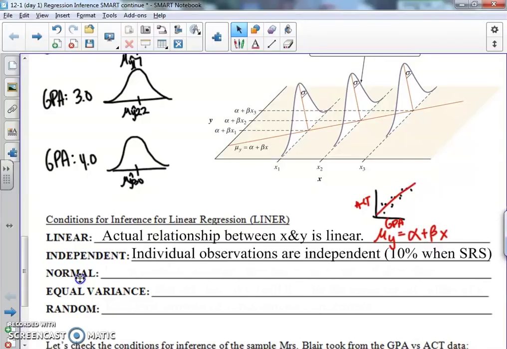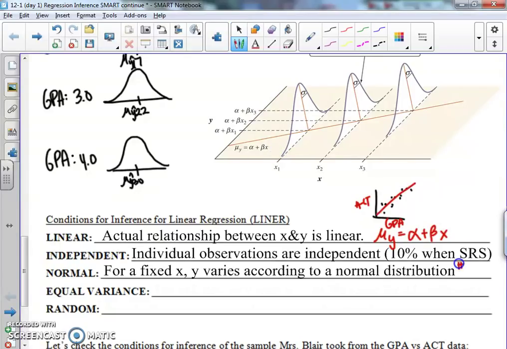We also have to check normal because we are looking at a sampling distribution that's normal. So to check normal, we say for a fixed x, y varies according to a normal distribution. That's kind of what this picture is showing up here, that the response variable follows a normal distribution. And there's actually an easy way to check that.